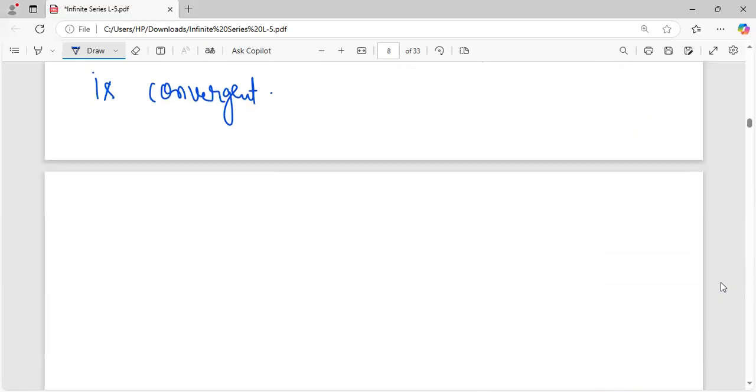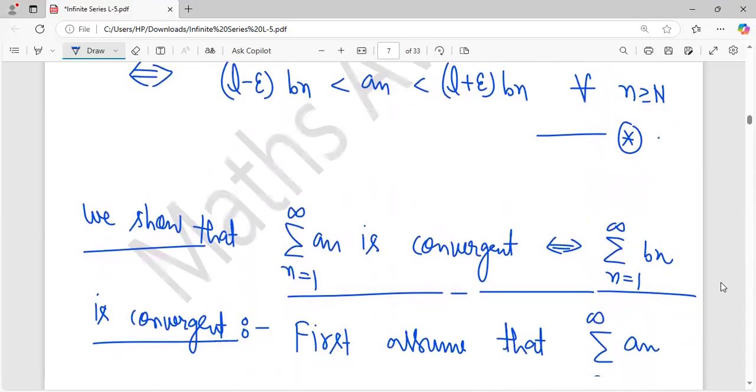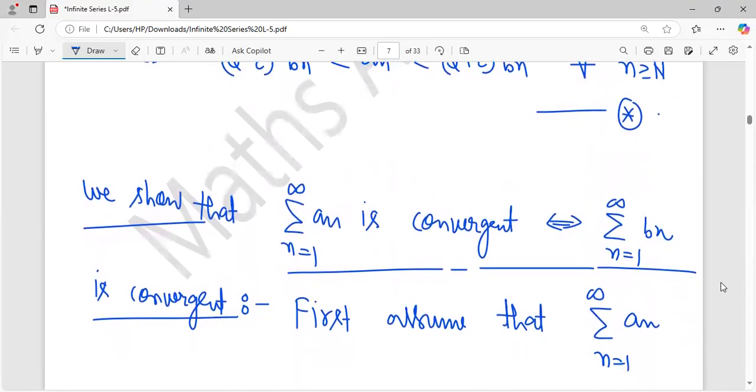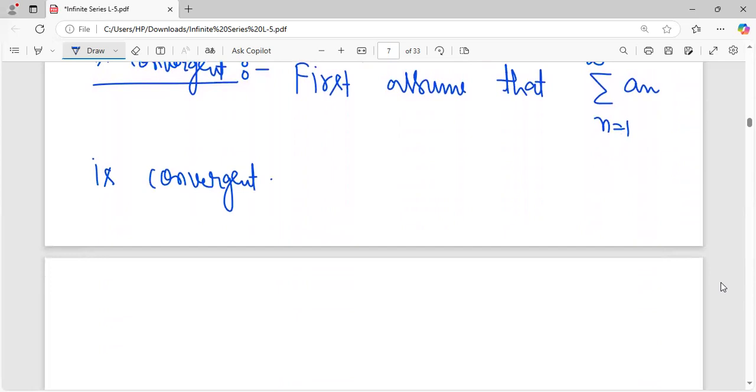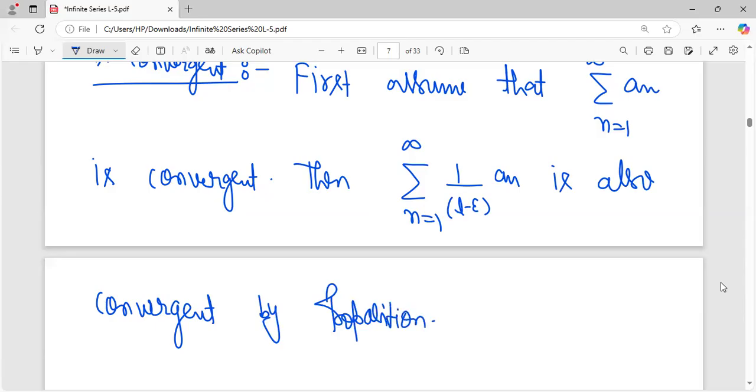Then this series summation n goes to 1 to infinity of 1 upon (L minus epsilon) times a_n is also convergent by the proposition, because we are taking our k here as 1 upon (L minus epsilon).